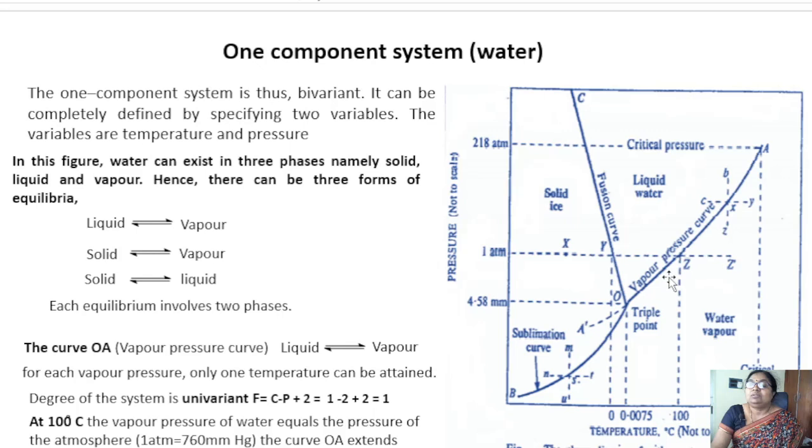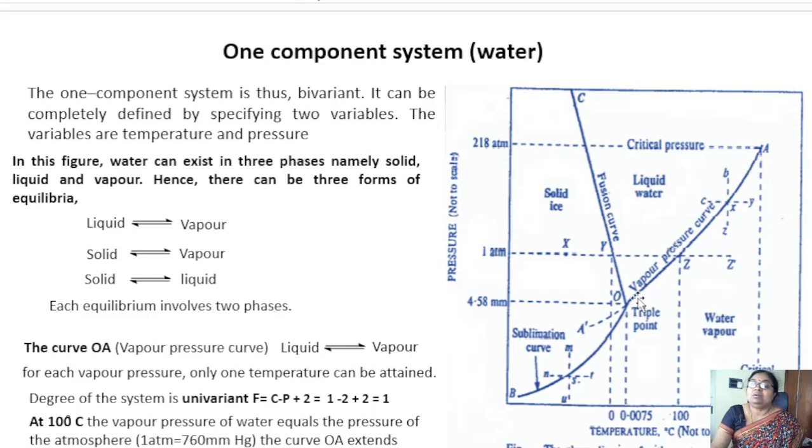Take the OA curve, the vapor pressure curve. As we move from O to A, any point we indicate on that curve is an equilibrium of liquid water with water vapor.